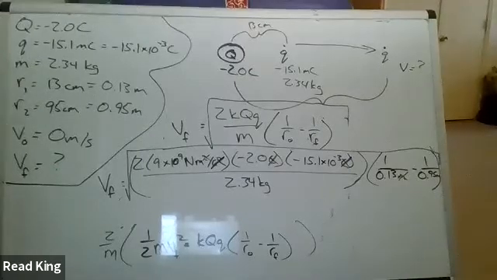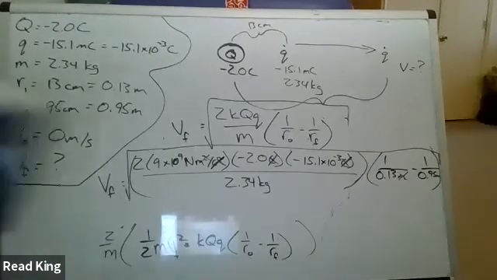And oops, I think I may have, let me go ahead and put it back in. 2 times 9 times 10 to the 9th times minus 2 times minus 15.1 times 10 to the minus 3 times 2.34 divide. Ooh, that's a larger number than I was expecting. Oh, maybe not though, because it's a tiny little, well, let me double check.